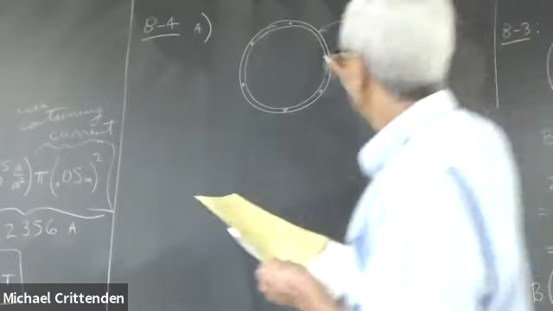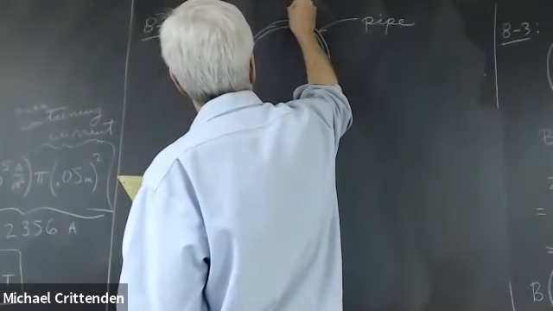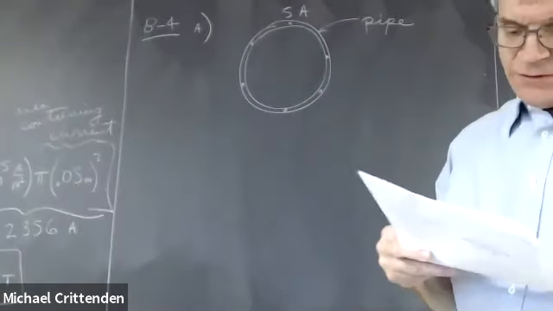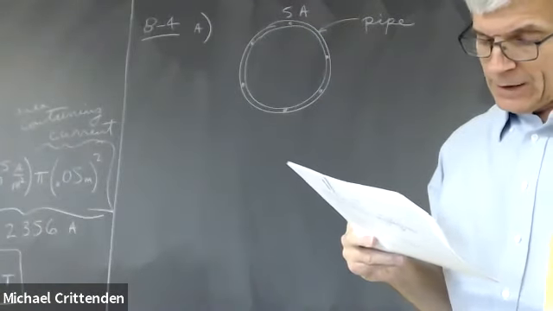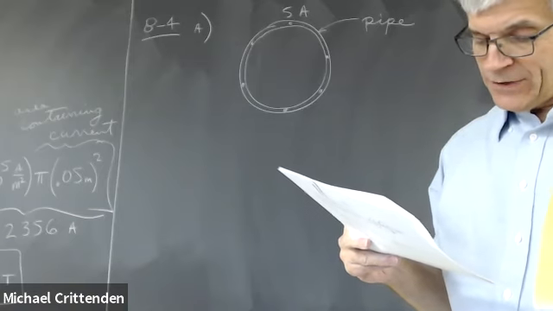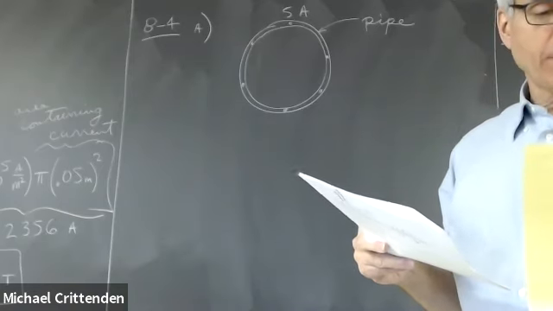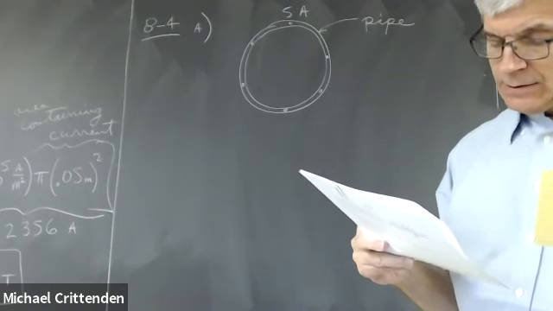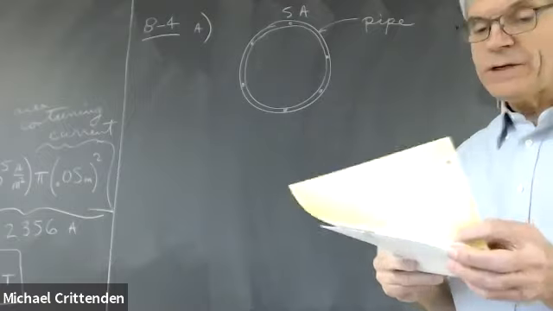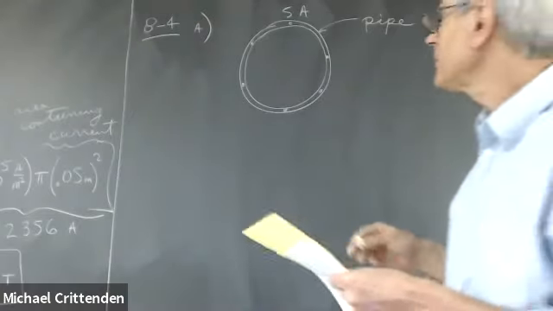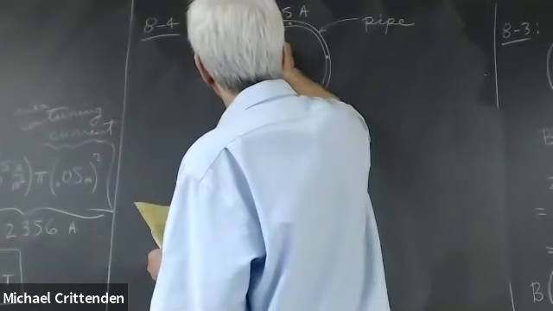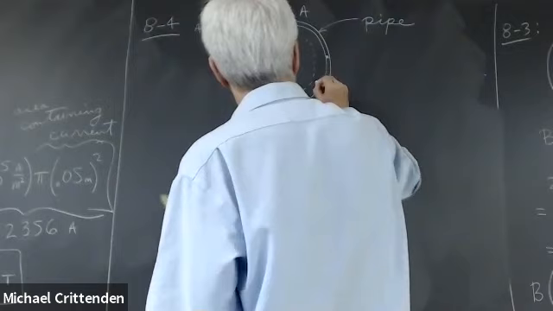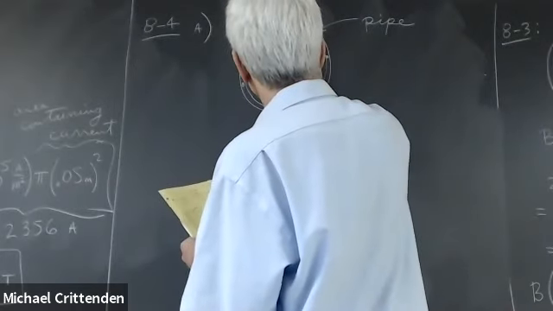And that's what labeled current, that's 5 amps. Part A asks about a point inside the pipe. The pipe has a radius of 1 centimeter, and we're interested in the field 3/4 of a centimeter from the center. So the path I use should have a radius of 3/4 of a centimeter.